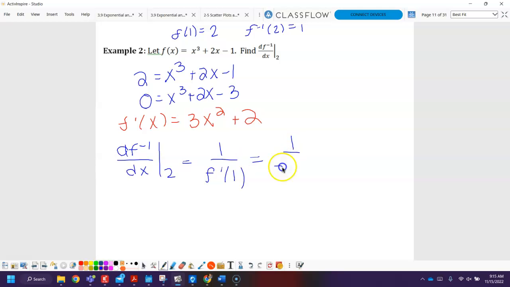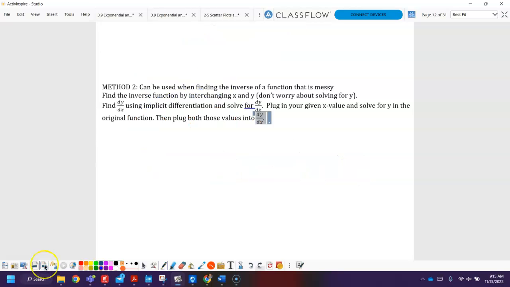So you get 1 over 3 times 1 squared plus 2, which is 1 over 5. So again, you can see that reciprocal slope.